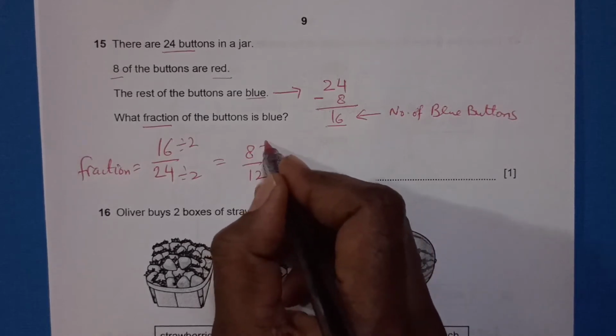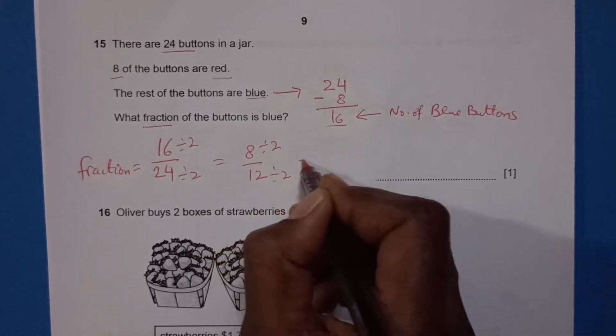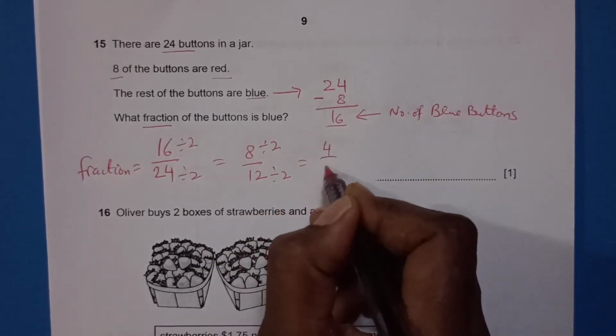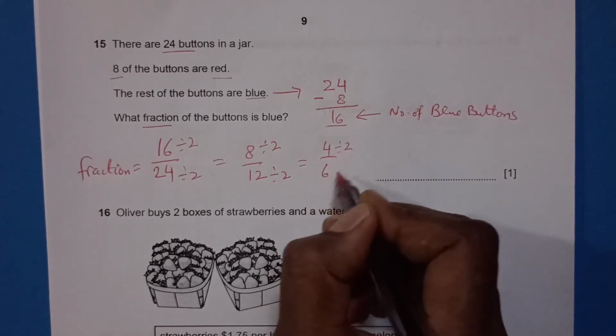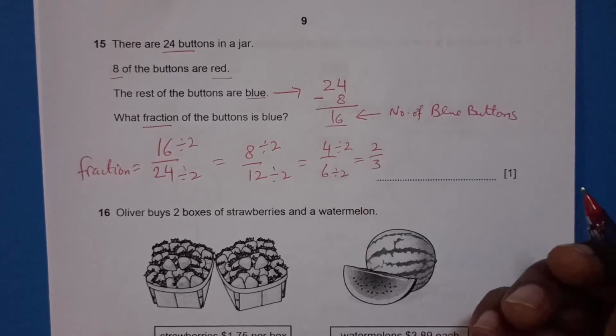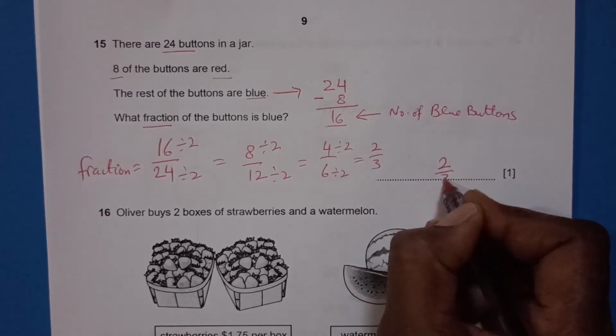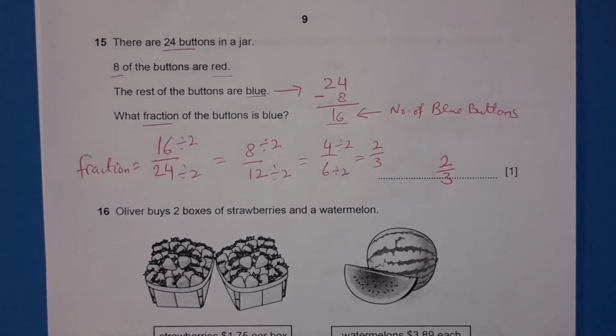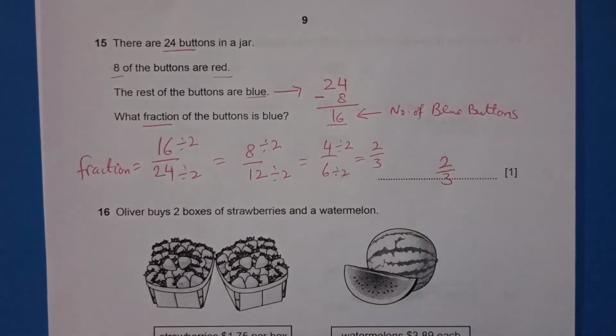Then again, divide by 2, divide by 2. This is 4 over 6. You continue until you get the lowest term. This is 2 over 3. So the final answer is 2 over 3 because we cannot simplify it further.